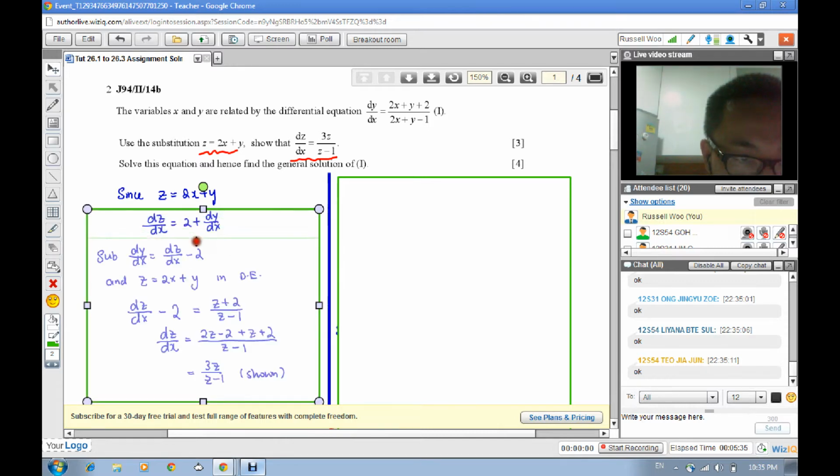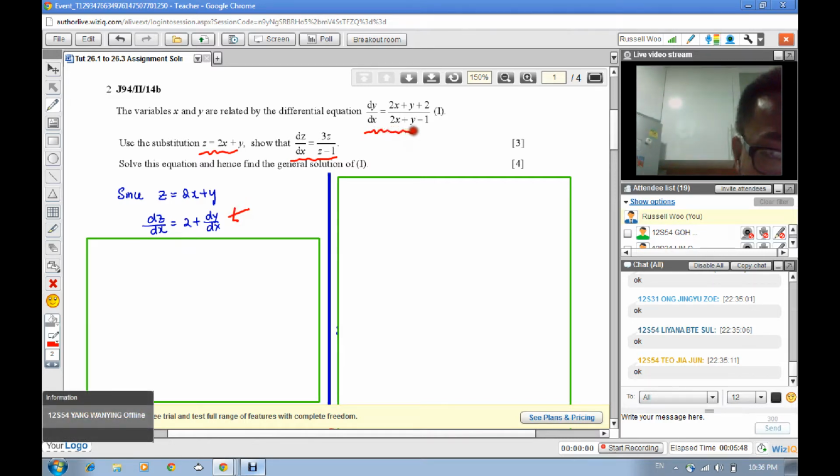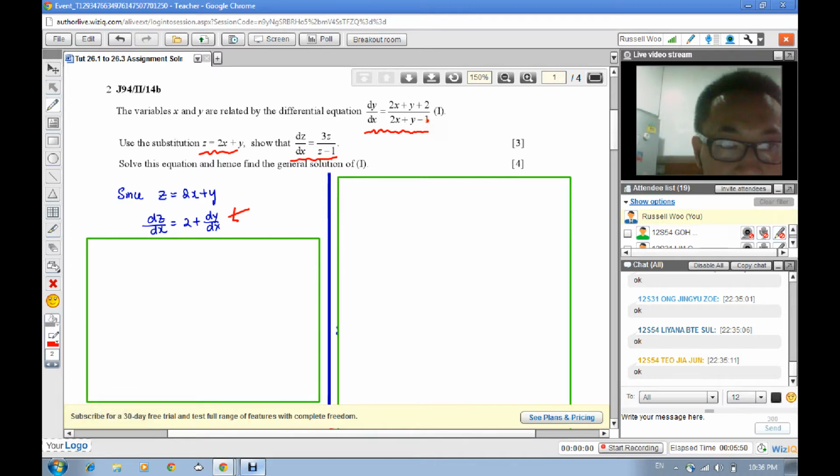So dz/dx equals, differentiate 2x, of course you get 2, differentiate y, you get dy/dx. Now with this, we can easily substitute back into the original DE, and we should be able to get this dz/dx result.